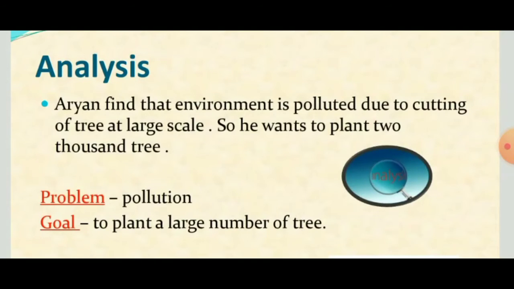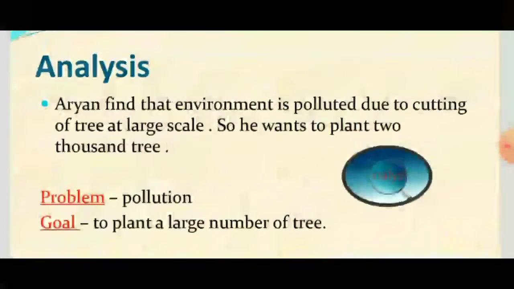In the analysis, Aryan finds that the environment is polluted due to cutting down trees on a large scale, so he wants to plant 2000 trees.